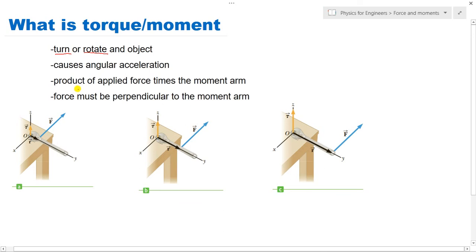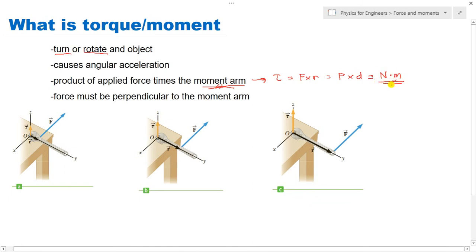This is also the product of the applied force times the moment arm, which is measured in length. Expressing this mathematically, torque, denoted as T, equals force times the moment arm, or the distance. For unit analysis, force is in newtons and distance is in meters, so the unit is newton meter.